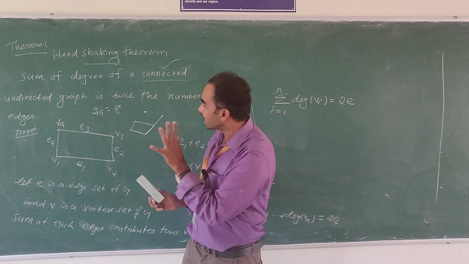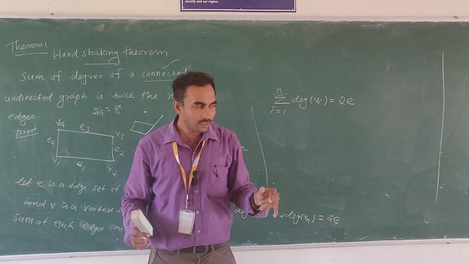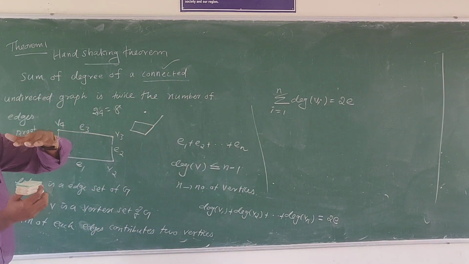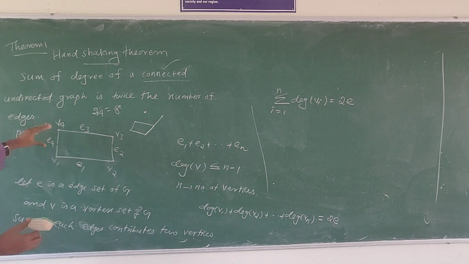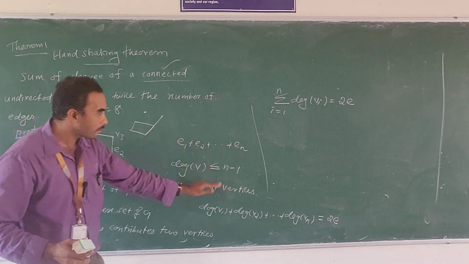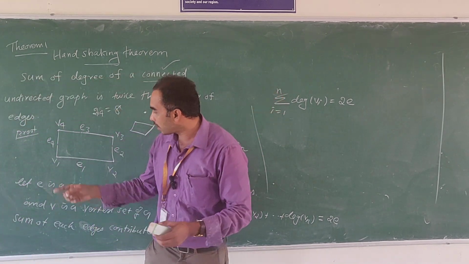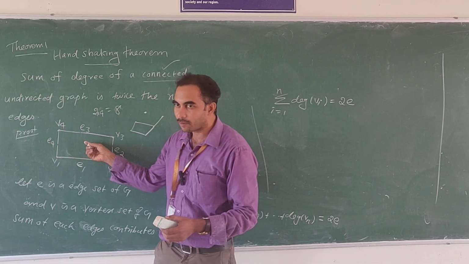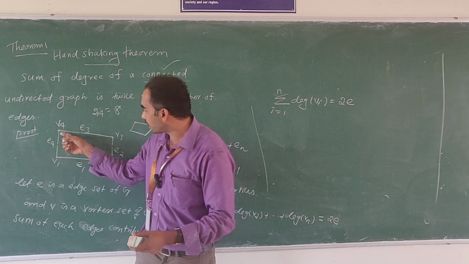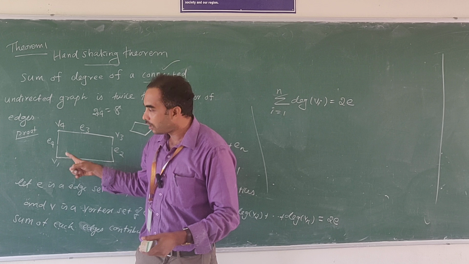This is the handshaking theorem. You have to write the wordings. In the book they have given it in paragraph form, but I explained through the example. You should not write this example in the university examination, but you have to write these things. If I didn't draw this diagram, you wouldn't understand this concept. With the help of this diagram you can understand the concept.